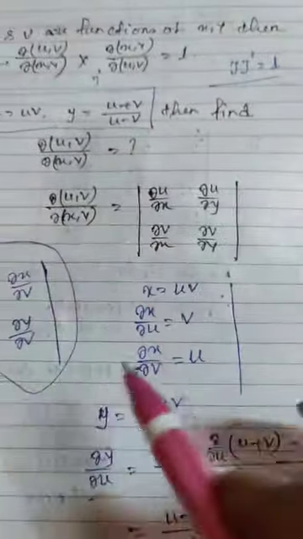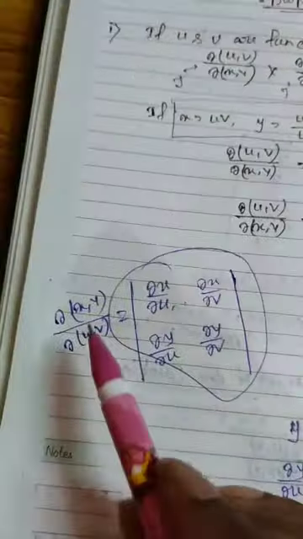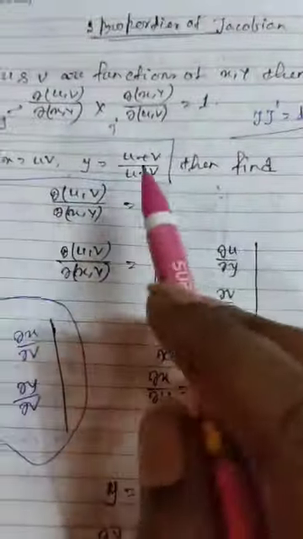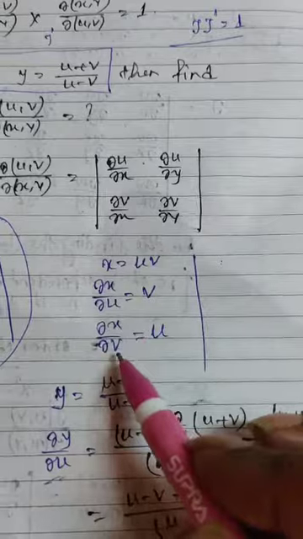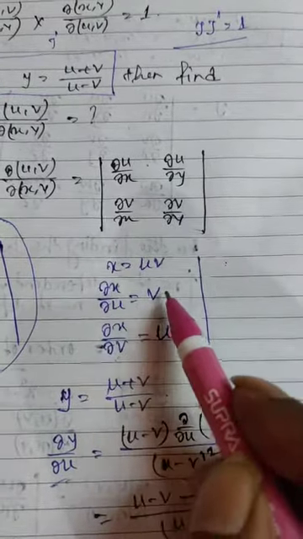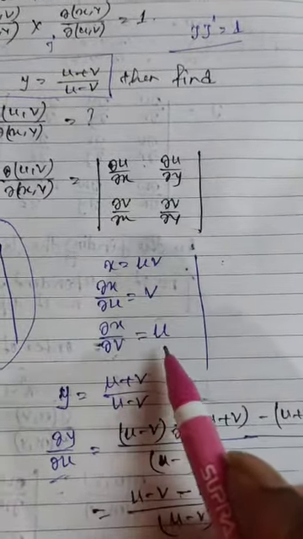So now let us find the Jacobian del(x,y)/del(u,v) from the given relations. Since x is equal to uv, we can easily find del x del u is v and del x del v is u.